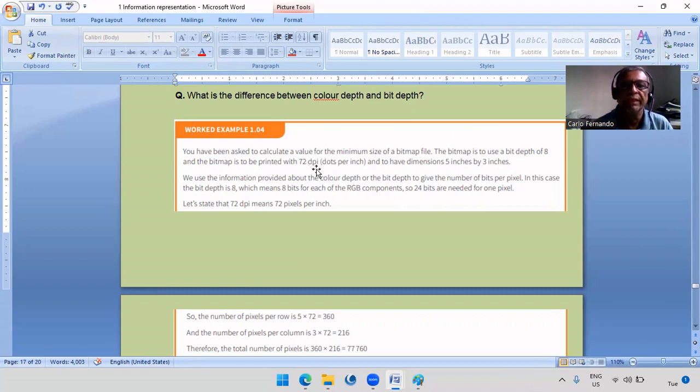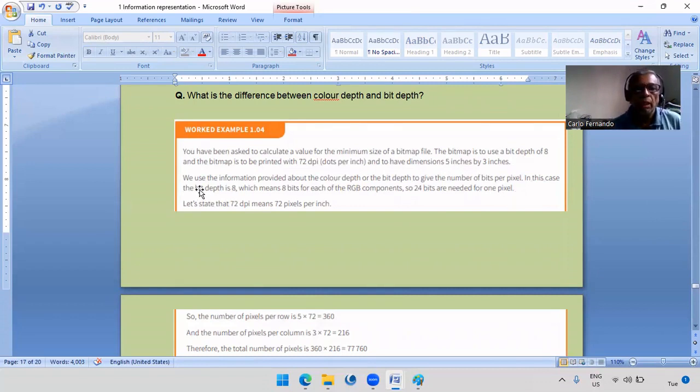Usually for printing, that's the way it is given. And to have dimensions of 5 inches by 3 inches. So the dots per inch is 72, and the dimensions of the picture are 5 by 3.